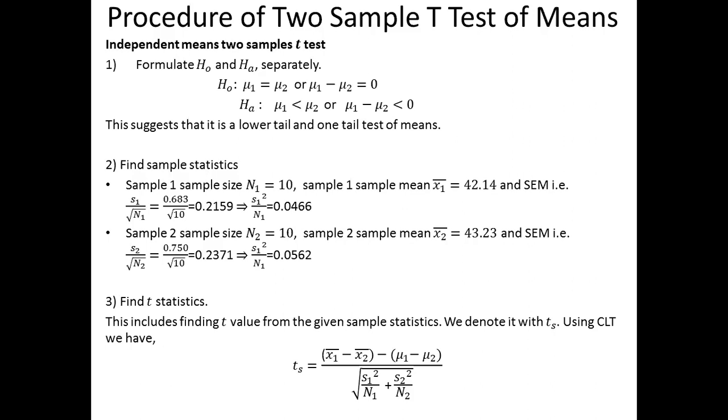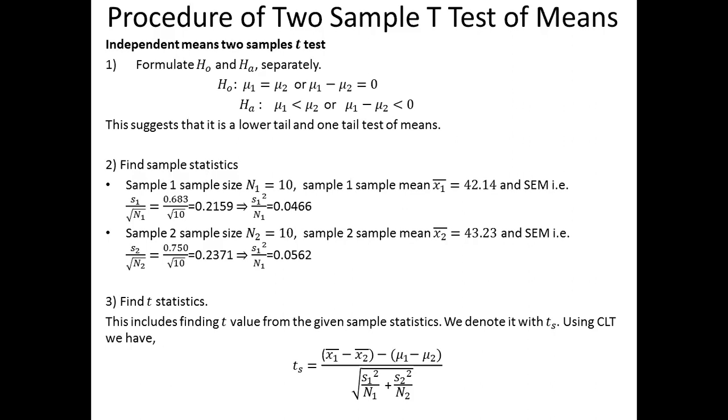So the alternate hypothesis statement is mu1 minus mu2 is less than 0, or mu1 is less than mu2. Because when mu1 is less than mu2, then definitely their difference, with mu1 coming first, would also be less than 0. So this suggests that it is a lower tail, one-tailed test of means.